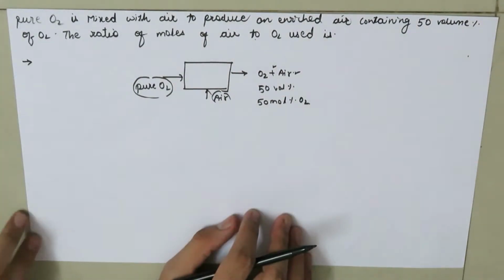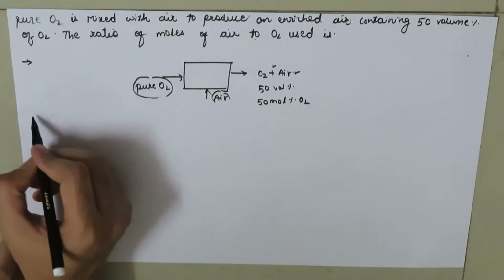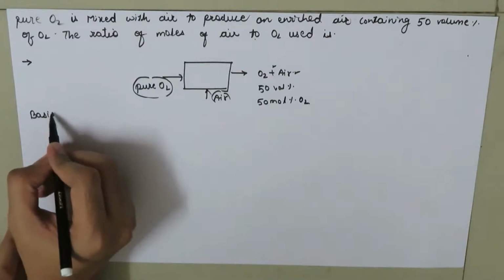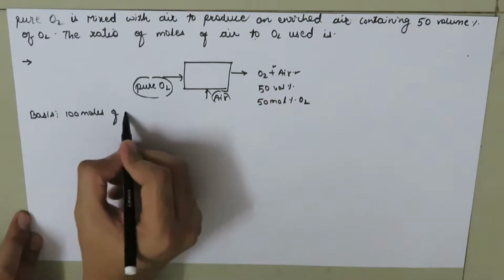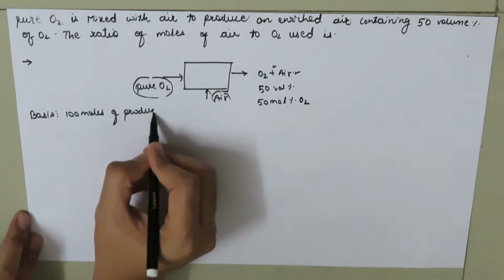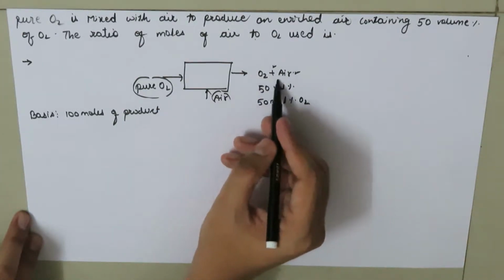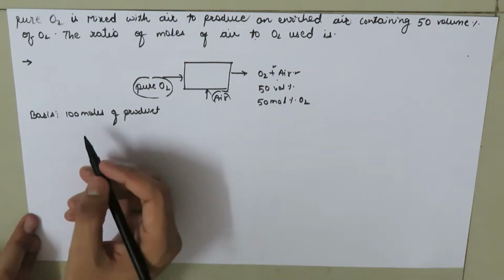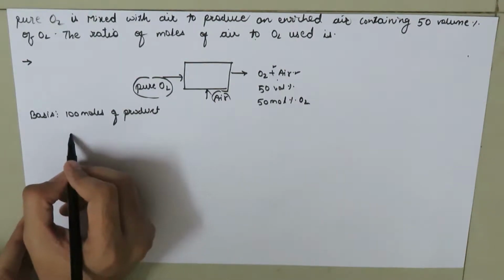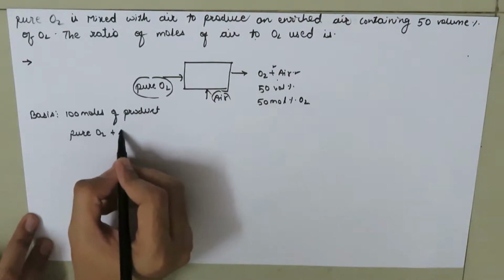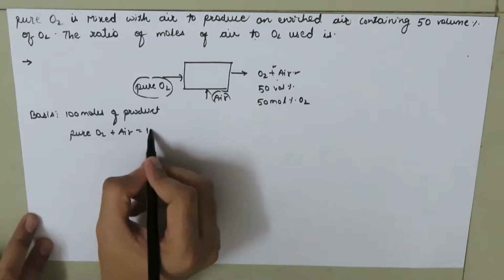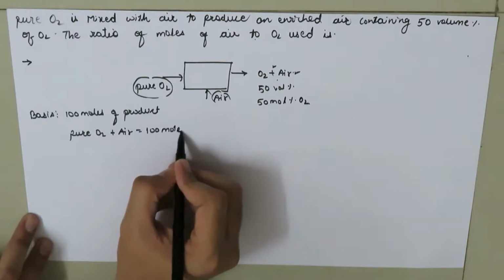Now what we need to do is write the material balance. If you take the basis as 100 moles of product, that is 100 moles of O2 plus air, we can write this equation as pure oxygen plus air is equal to 100 moles.